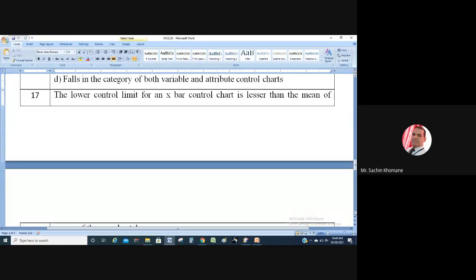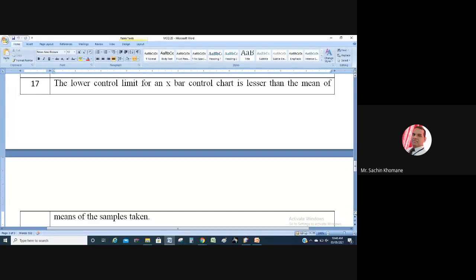This is a true or false. The lower control limit for an X bar control chart is lesser than the mean of the sample taken. Is it a true sentence or false?